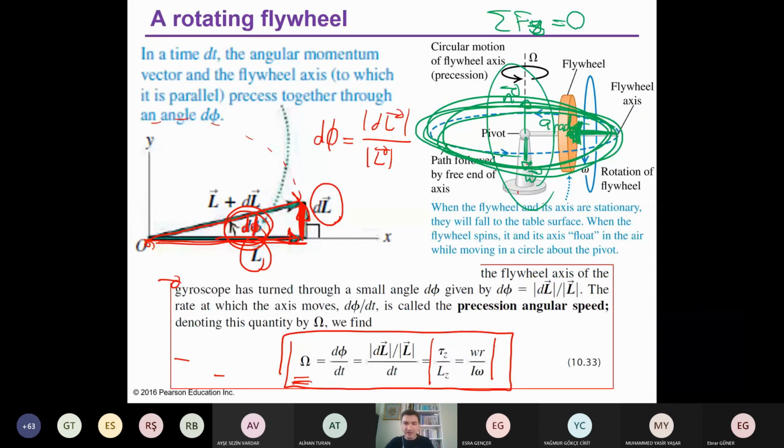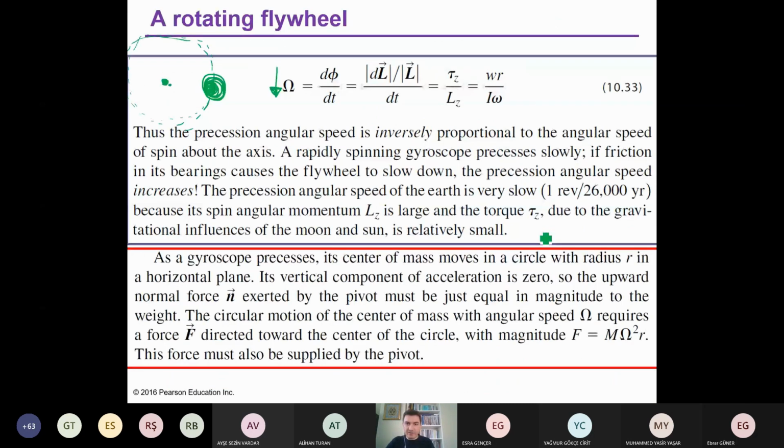So which is explained here: its vertical component of acceleration is 0. So the upward normal force exerted by the pivot must be just equal in magnitude to the weight, which we have discussed. The circular motion of the center of mass with angular speed omega requires a force directed toward the center of the circle, right?